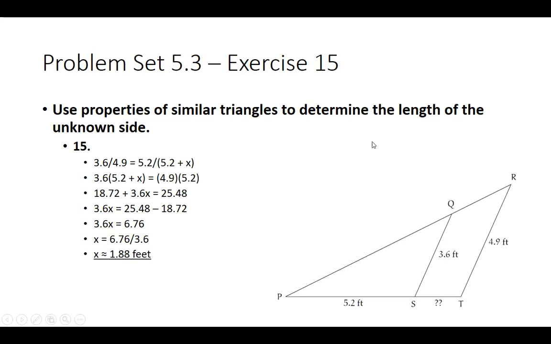Number 15. Again, we have similar triangles. This time it's a nested triangle.